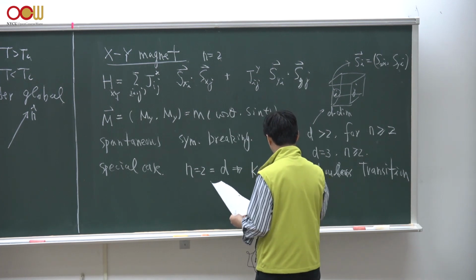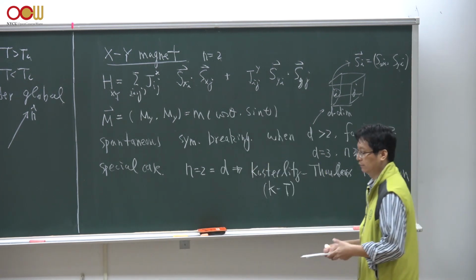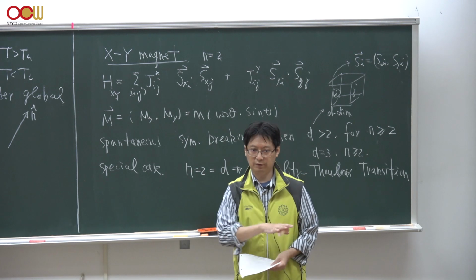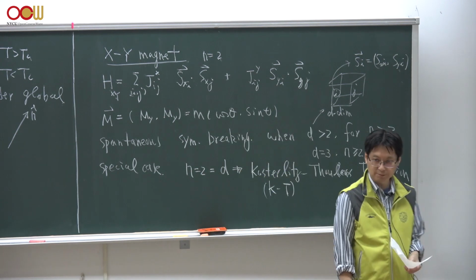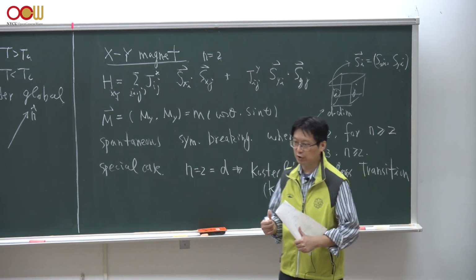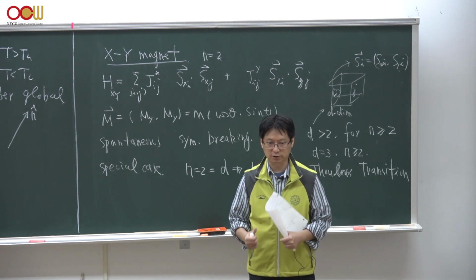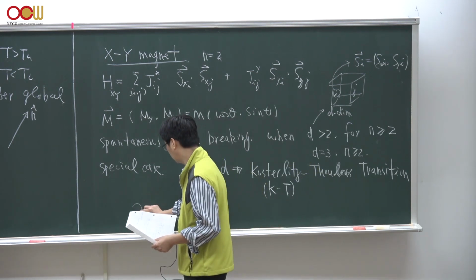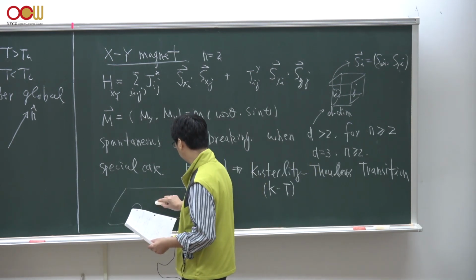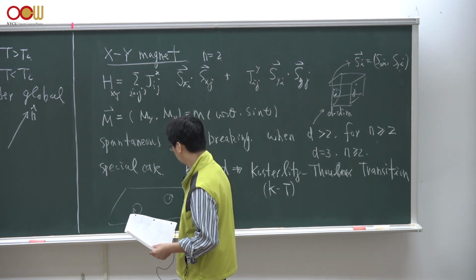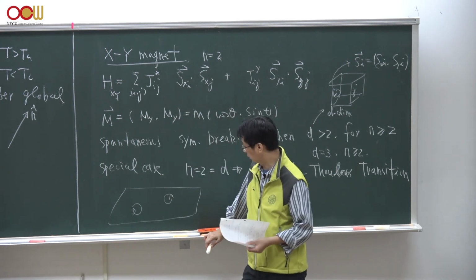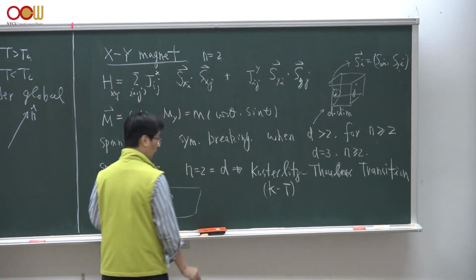The KT transition happens when we have a two-dimensional thin film of a superconductor at finite temperature. So we may generate vortices, which are a topological excitation of a superconductor. And we may have so-called vortices and anti-vortices appearing at finite temperature.